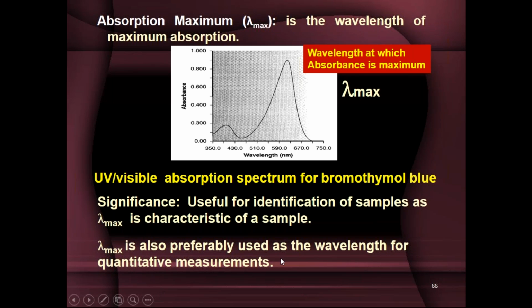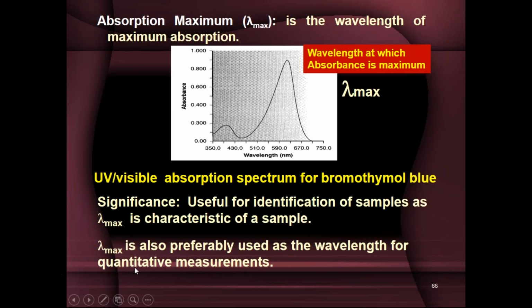So lambda max is also preferably used as the wavelength for quantitative measurements in absorption spectroscopy with UV visible radiation. When we are doing quantitative measurements, we will not be varying the wavelength. We will generally be using a single wavelength, or in other words, a monochromatic beam of radiation. So which wavelength to choose?